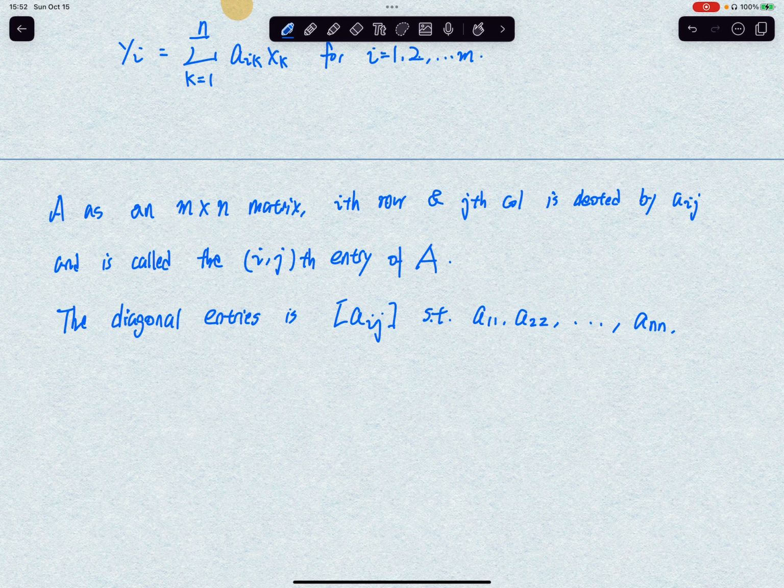So these are the diagonal entries, and they form the main diagonal of A.